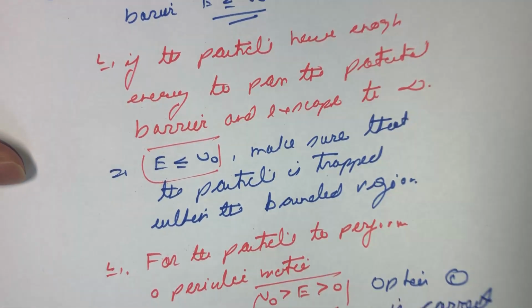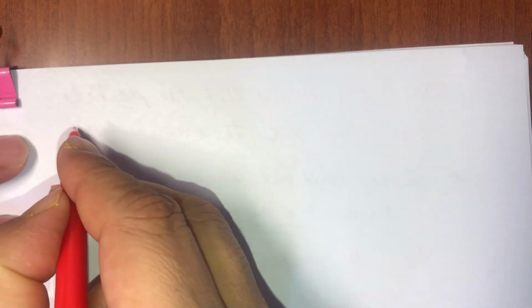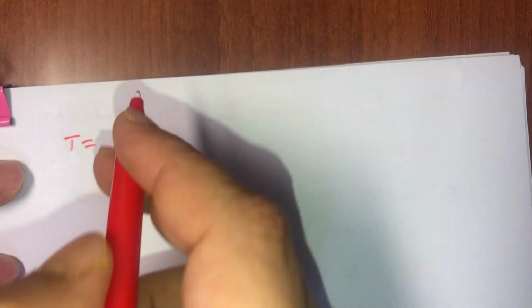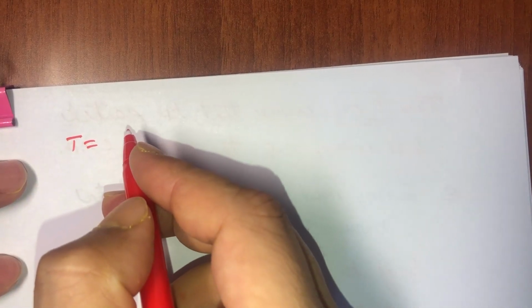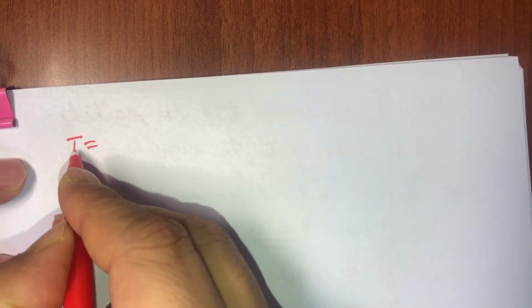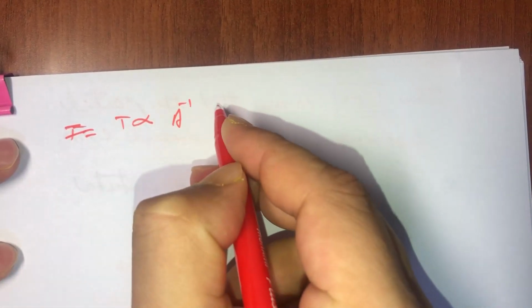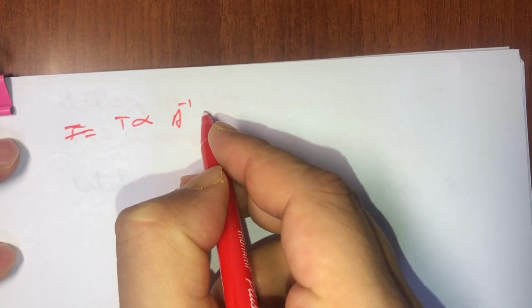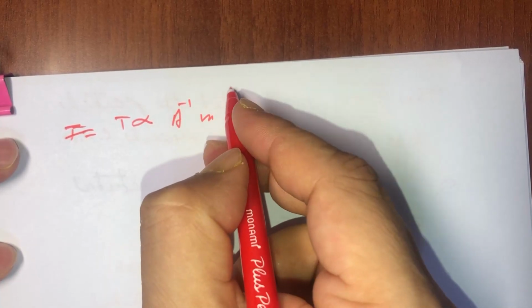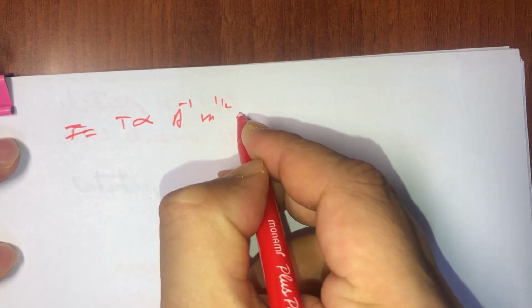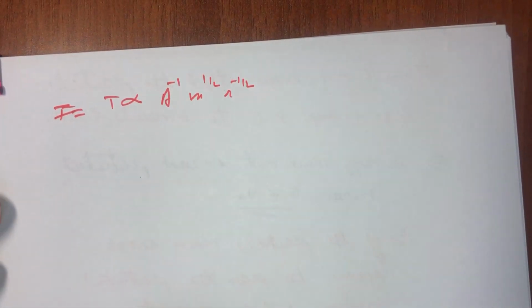We substitute them in the time period T, and we can say that T is proportional to A raised to power minus 1, M raised to power 1 by 2, and alpha raised to power minus 1 by 2.